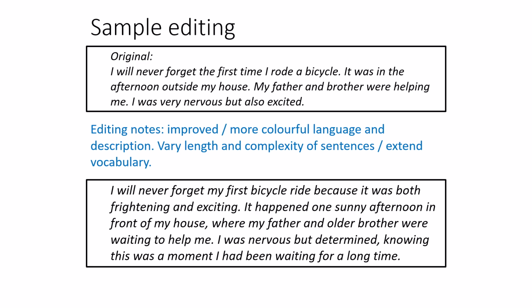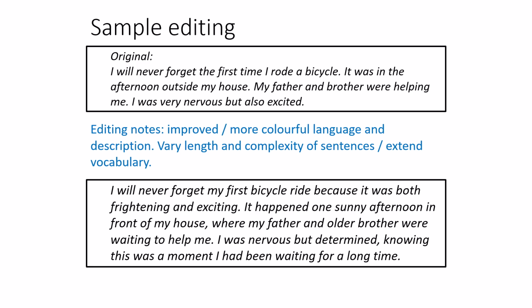The original one, my original draft: I will never forget the first time I rode a bicycle. It was in the afternoon outside my house. My father and brother were helping me. I was nervous but also excited. I made some notes and say, I need to improve something. What? More colorful language. The language must be more descriptive. Better description.